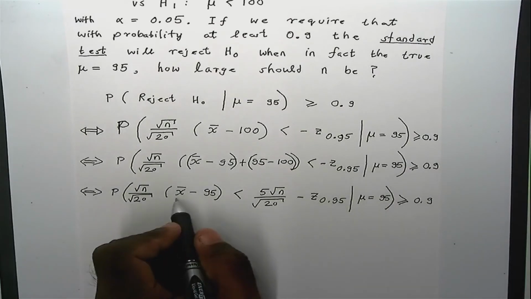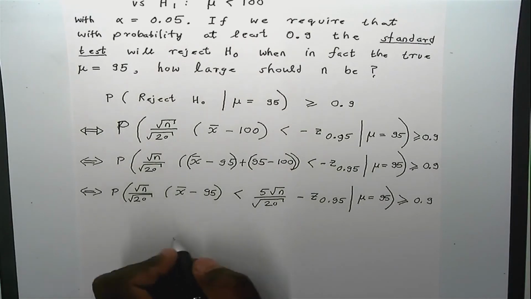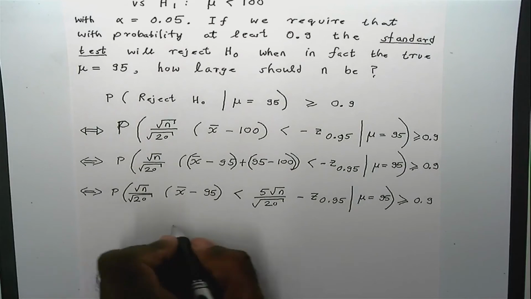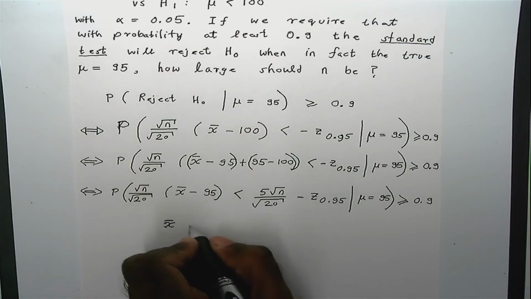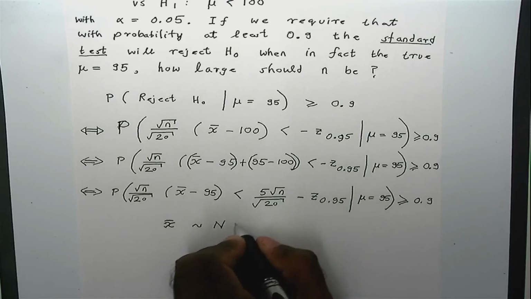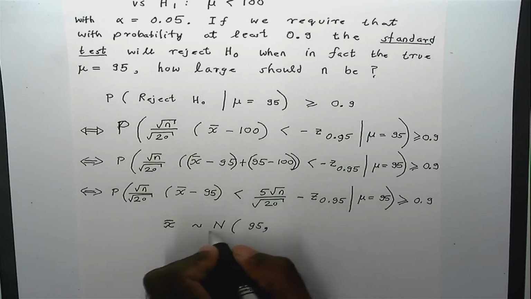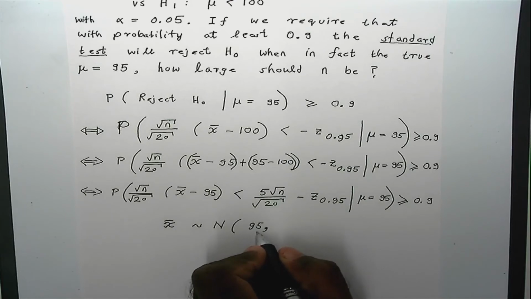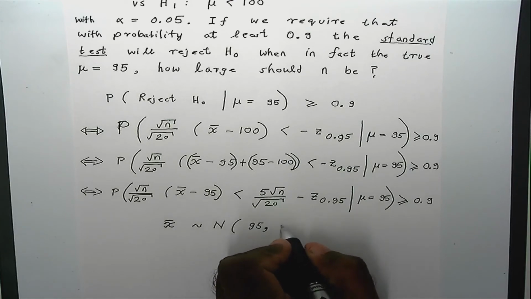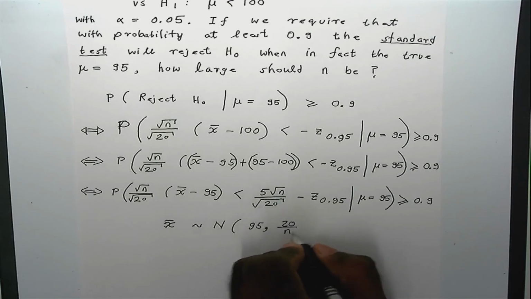The distribution of this is standard normal. It's not difficult to see. Once again, I will explain if you want me to. From the previous video on the normal distribution, you will see that X bar conditional on this has this normal distribution with the true population mean 95 and variance sigma squared by n, which is 20 divided by n, right?